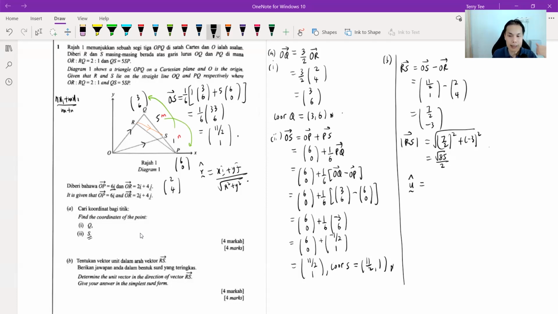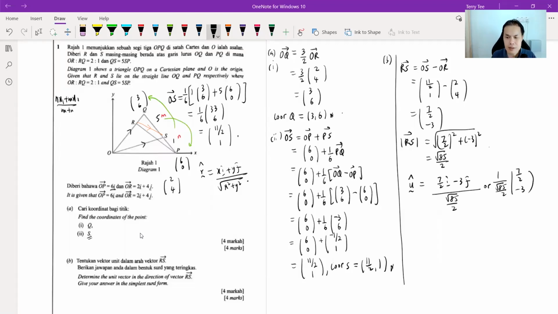Now, if you want to write in i j form, then we have to write 7 over 2 i minus 3 j, right? And then you divide with the magnitude root 85 over 2. Now, it's okay to write in column vector form as well, but in column vector, we don't divide like this. We write 1 over root 85 over 2, and then there's (7 over 2, minus 3). Yeah, both ways are fine.